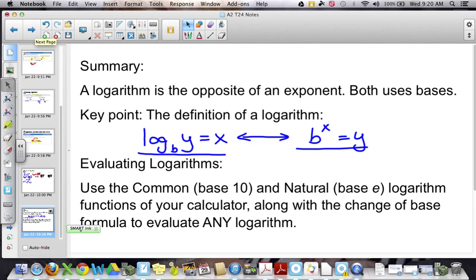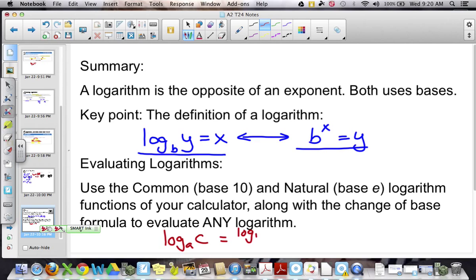Secondly, evaluating logarithms: the key idea in this target is that we use the common base and natural base logarithm functions of your calculator, along with the change of base formula, to evaluate any logarithm. That change of base formula is log base a of c is equal to log base b of c divided by log base b of a.